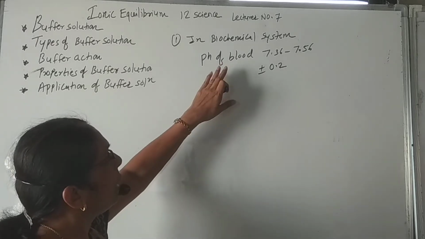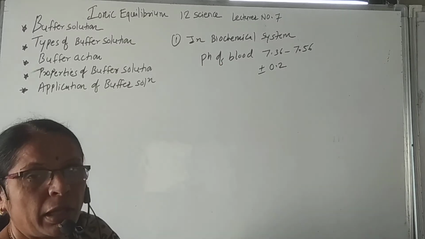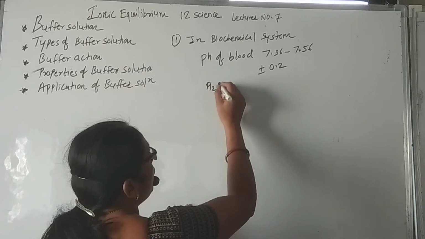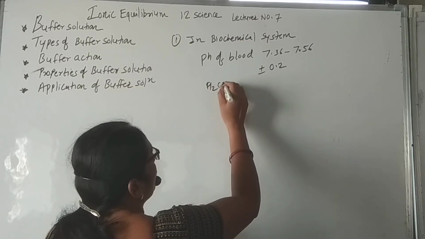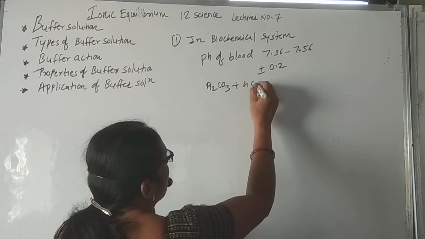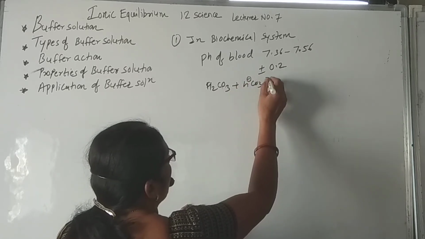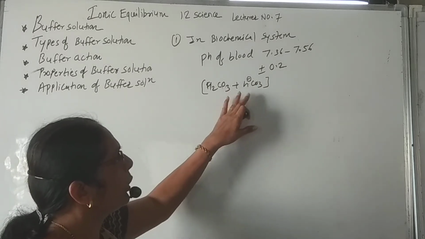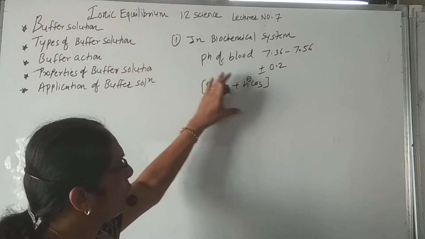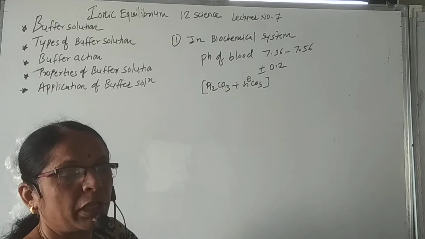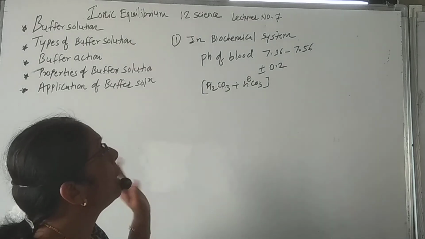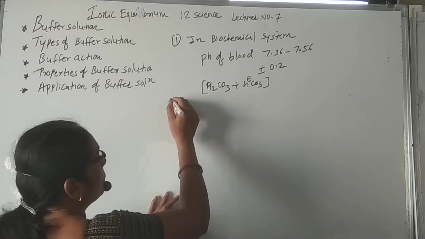So to keep the pH of the blood constant, the buffer we use is carbonic acid plus sodium carbonate. This mixture is the buffer which keeps the pH of the blood constant, and that is an application of the buffer solution.